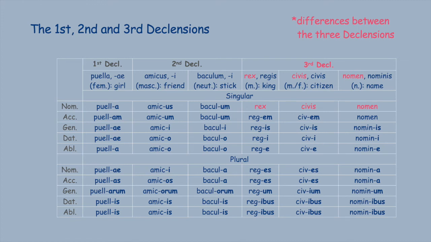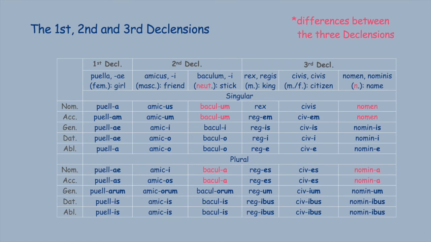But as you will note, all third declension nouns have the same endings for the same cases, and this is actually true for all the declensions. The same cases always lead to the same endings in the nouns of the same declension. Only neuter forms look a little bit different.